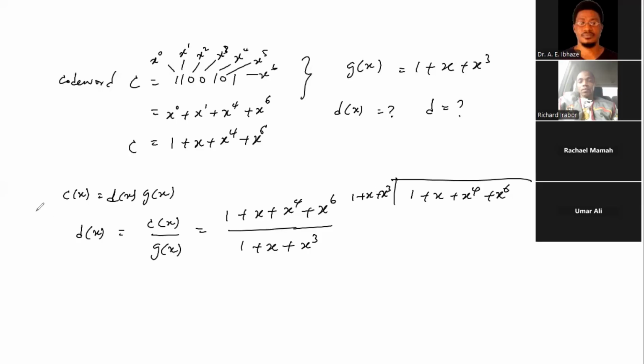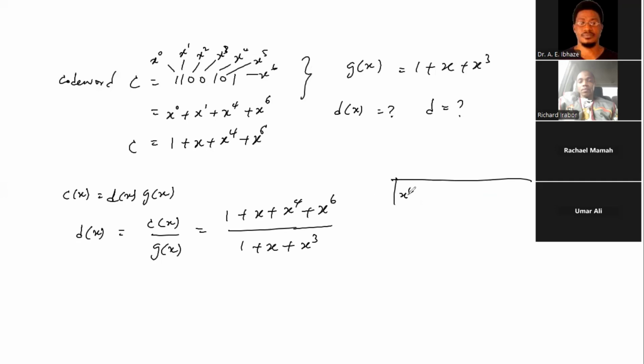Okay, and we can now perform this operation. Technically, we want to rearrange from the highest power to the lowest power for our long division. So that will give us x to the power of 6.